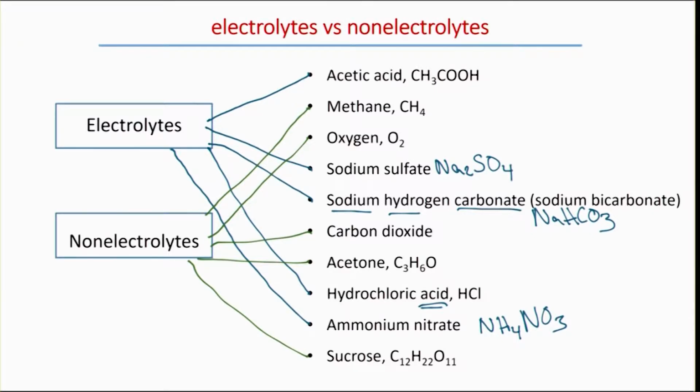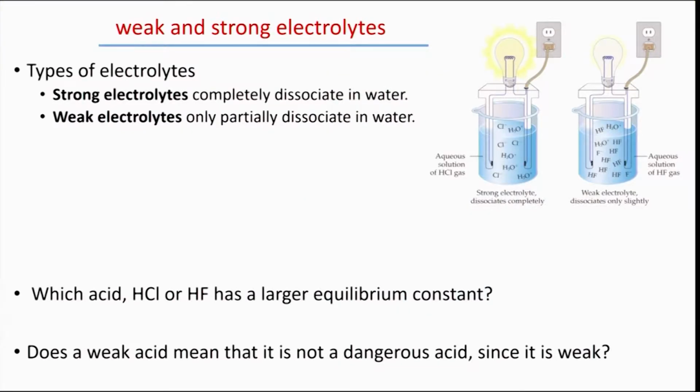This one, the light would only be partially on, whereas if I had the same concentration of HCl, the light would be full light. And why is that? It has something to do with the equilibrium. So we're going to go back to a little bit of our previous chapter with equilibrium, but let's look at the next slide where we talk a little bit more about some definitions.